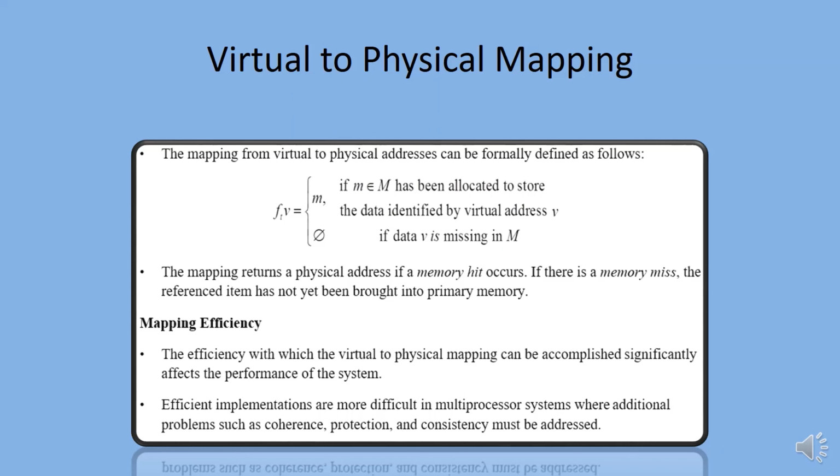The efficiency of the address translation process affects the performance of the virtual memory. Virtual memory is more difficult to implement in a multiprocessor, where additional problems such as coherence, protection, and consistency become more challenging.